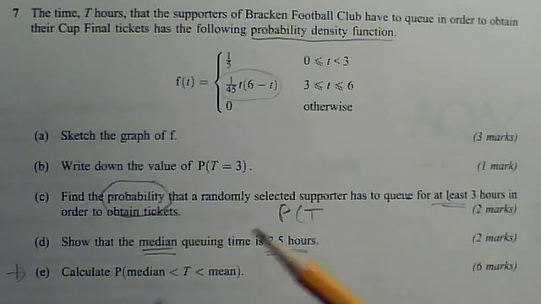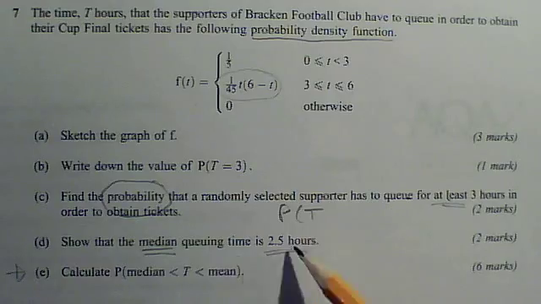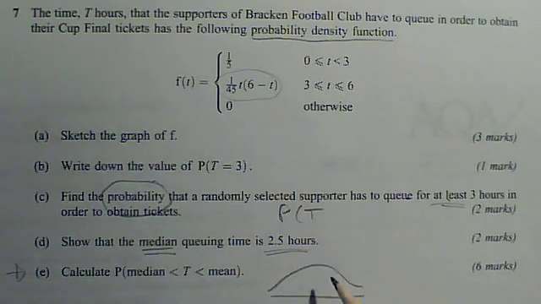Then we've got a re-entry point here. Because we know the median is 2.5 hours, we need to calculate the probability that t is greater than the median or less than the mean. Now, in fact, you don't even need to know what the median is for that, because in your distribution we want the probability of being between the median and the mean, and this probability here will be all the area up to and including the mean value minus all the area up to and including the median.